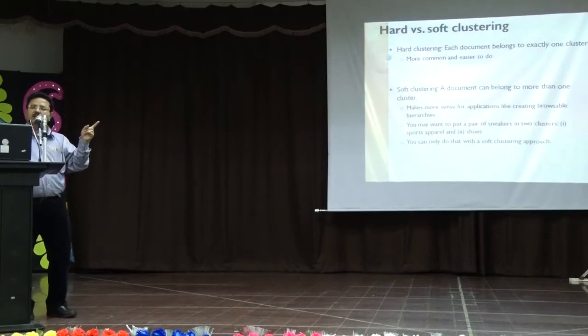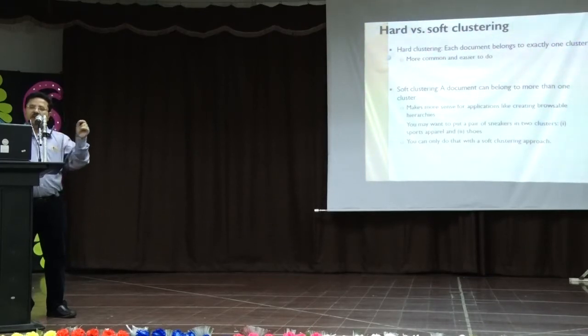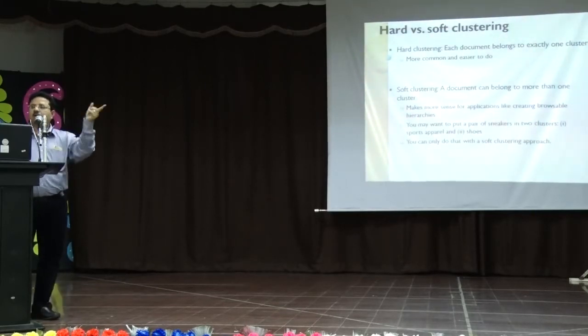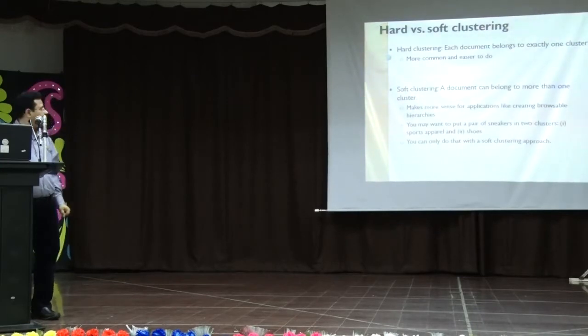In both cases, its containment is true. That means you can always say that a pair of sneakers is both a sports apparel as well as a type of shoe. So you see, a particular element can belong in more than one cluster. That is soft clustering.